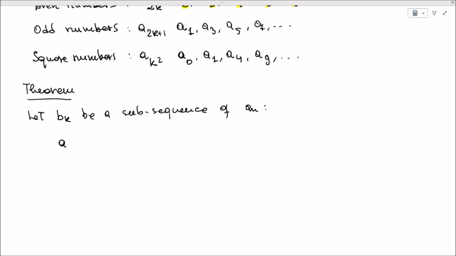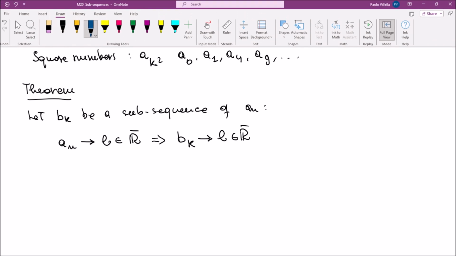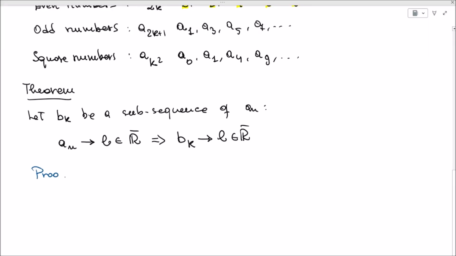Then, if a_n tends to L in the extended real line, meaning that this L can be a finite real number or can be plus or minus infinity, then the subsequence b_k will tend to the same limit L in the extended real line. Okay, let's give a proof of this, which is quite straightforward.